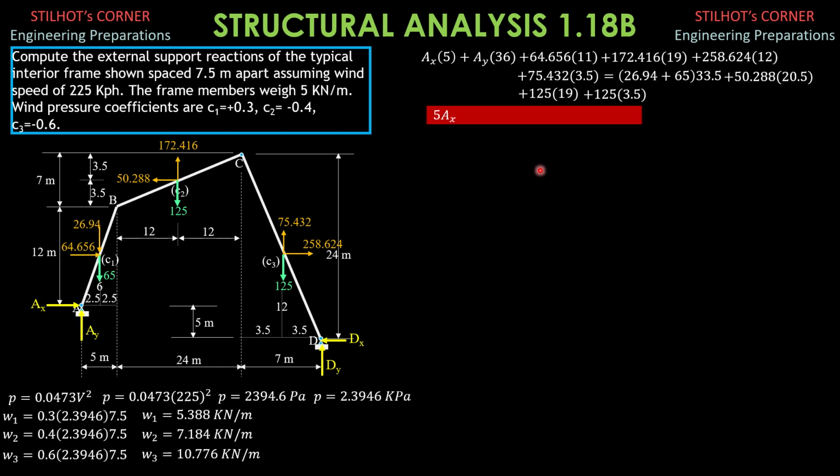So simplifying, 5AX plus 36AY is equal to negative 431.226.